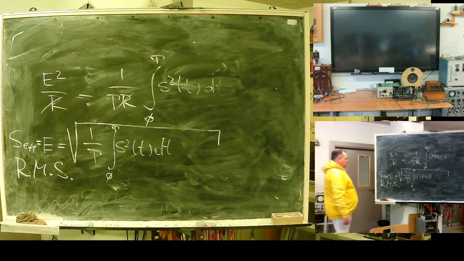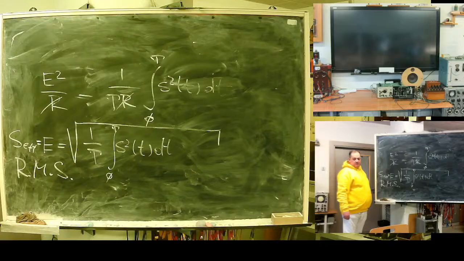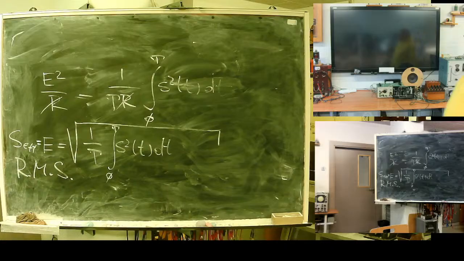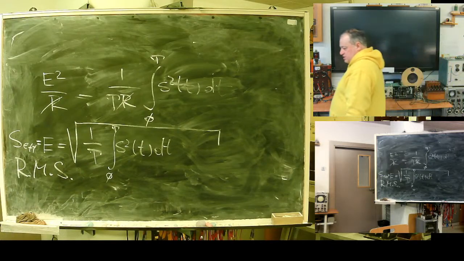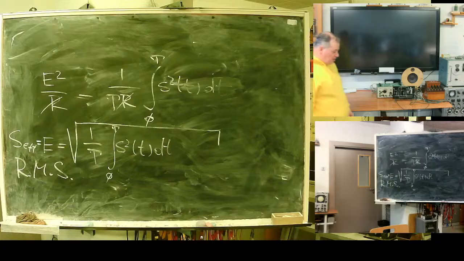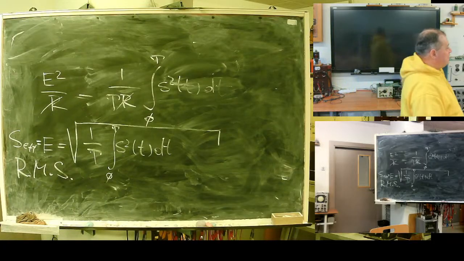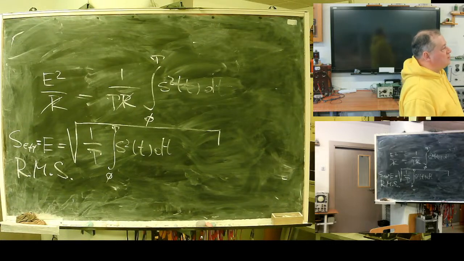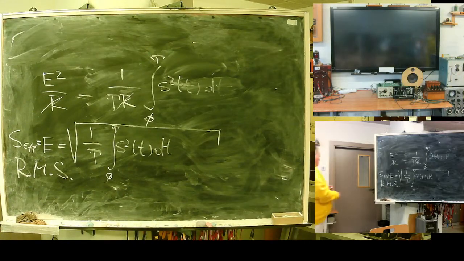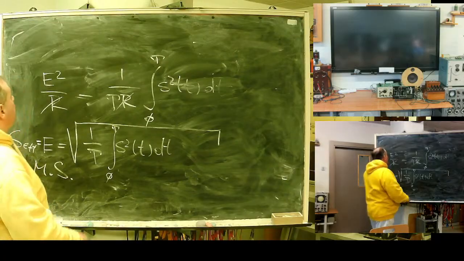RMS value is same with effective value. Again, it's a DC source producing as much energy as our signal. RMS values are good for electrotechnics. It's easier to analyze networks in general, not in instant values. Okay, go forward.